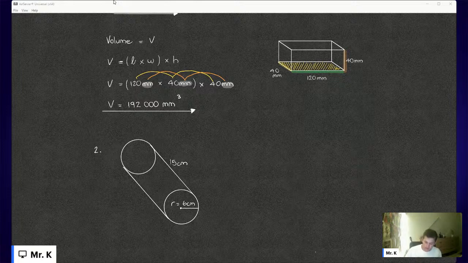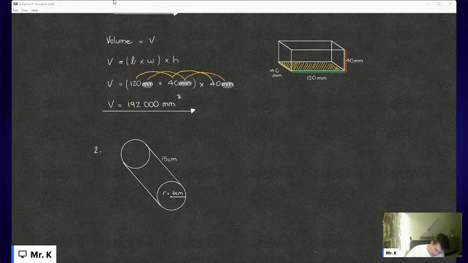That is all the information that I am given. Is that enough information? Well, we're going to find out. Let's begin with the surface area. Remember, surface area refers to the collection of areas of every external touchable surface of a shape.